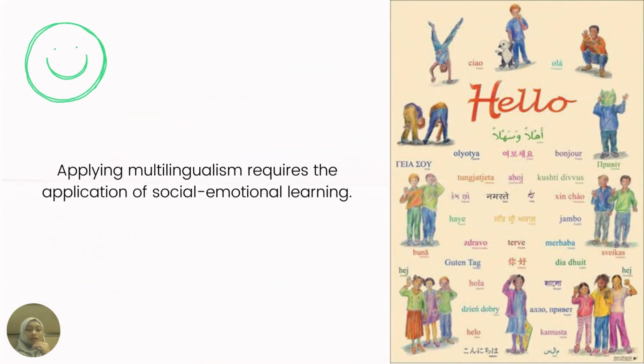Applying multilingualism requires the application of social emotional learning. As I said before, multilingual students will have obstacles and challenges when they learn in social emotional learning because they have to adjust their various languages with the social and different culture.